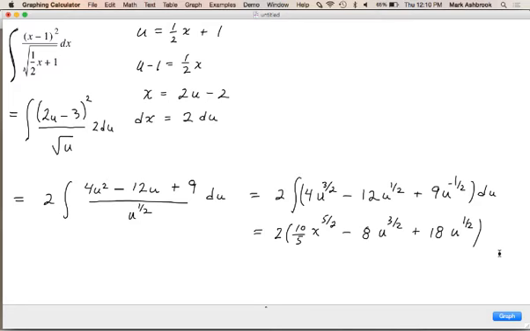So we can just use the power rule 3 times, right? We use the power rule 3 times, get our coefficients. The first one should probably be something else: 2/5, 8/5 instead of 10/5.